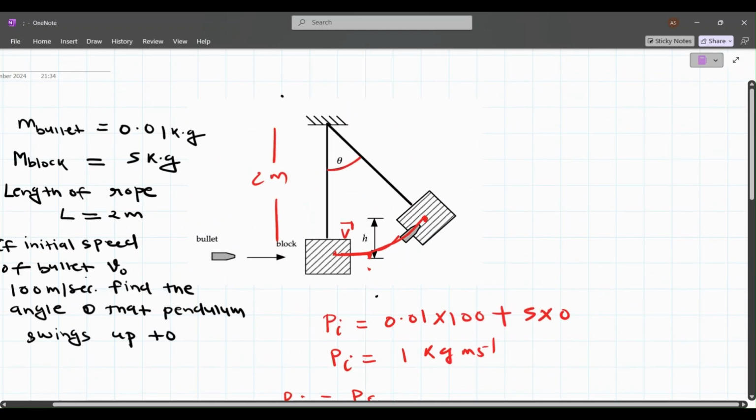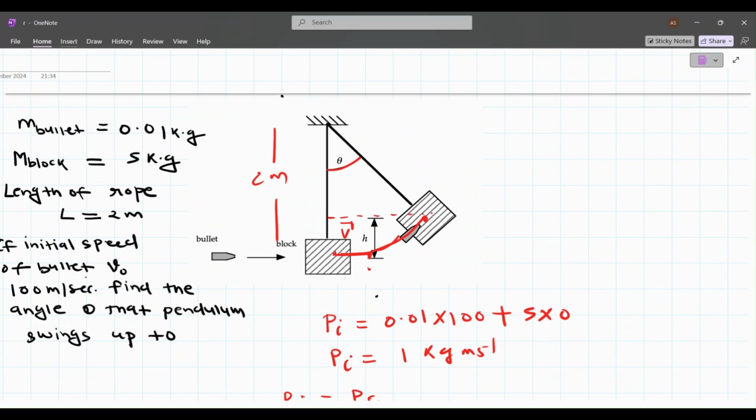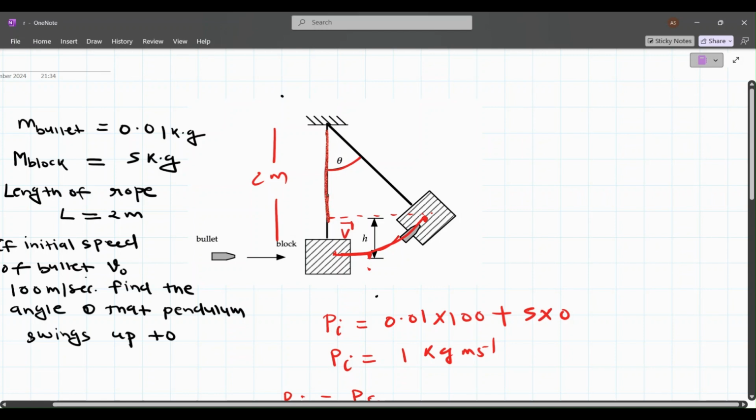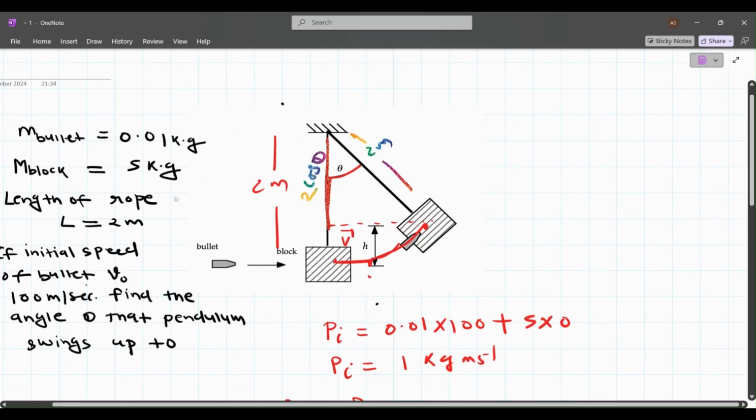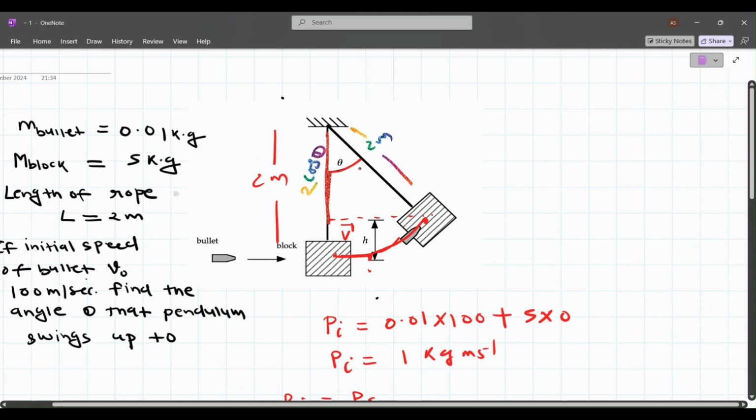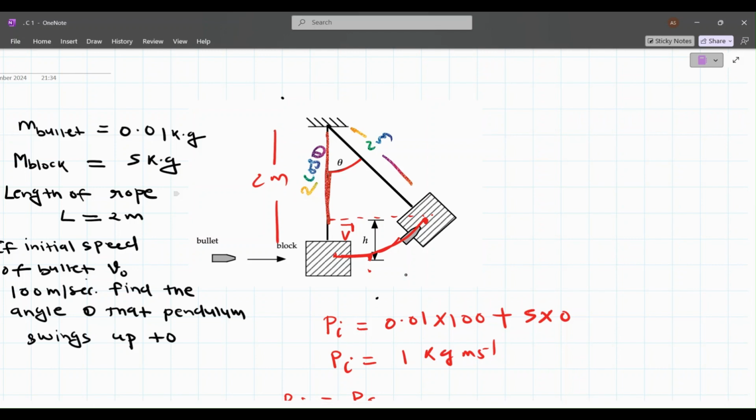To find the angle, let's focus on this triangle and the height of the triangle. If the length of the rope is 2 meters, this is going to be 2 cos theta. And if we want to find h, we need to subtract this from the length of the rope, which is 2 minus 2 cos theta.